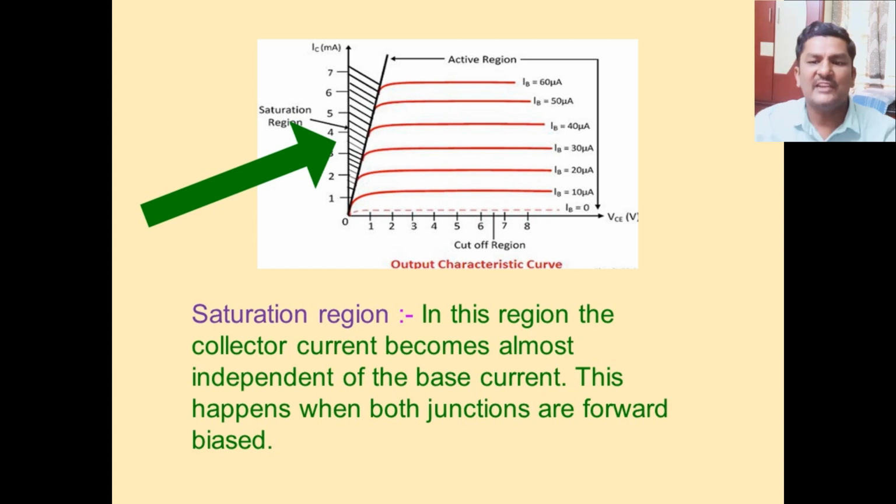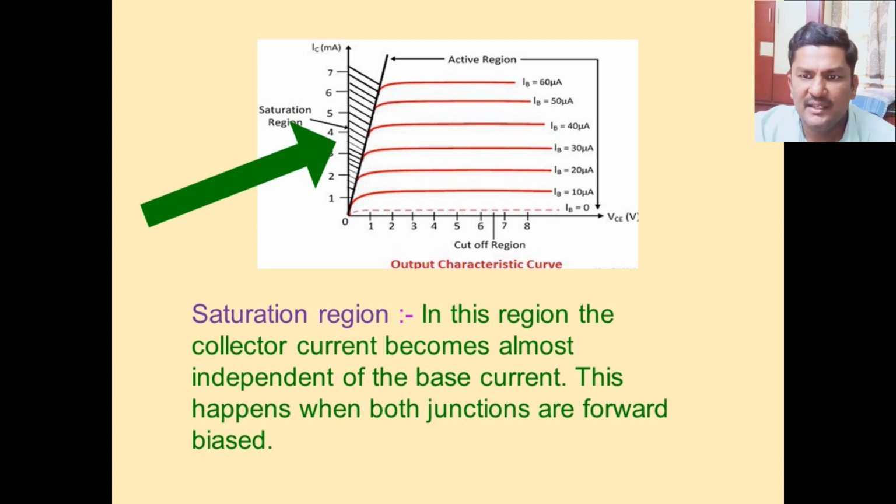So in the saturation region, the collector current is almost independent of base current. This happens when both the junctions are in forward bias condition. And the advantage of the saturation region I will discuss later.